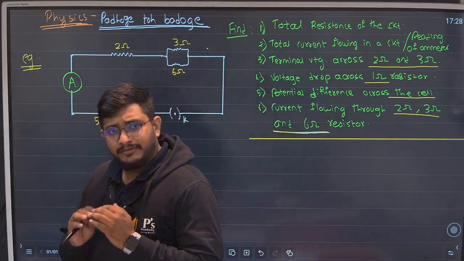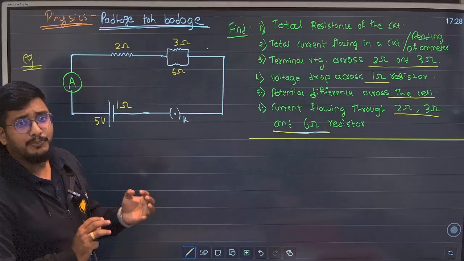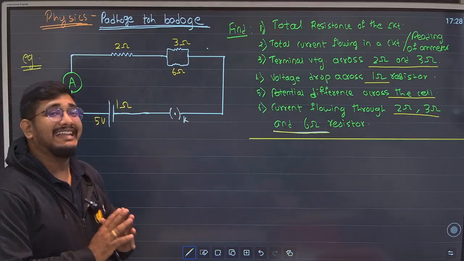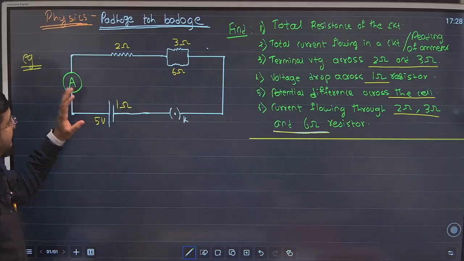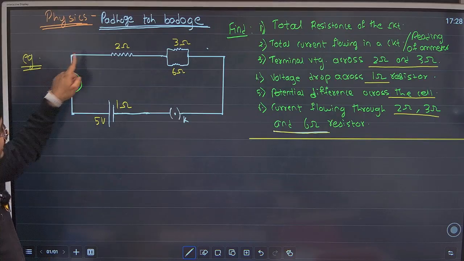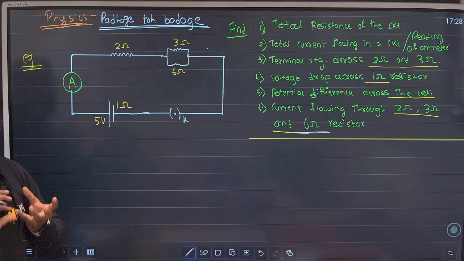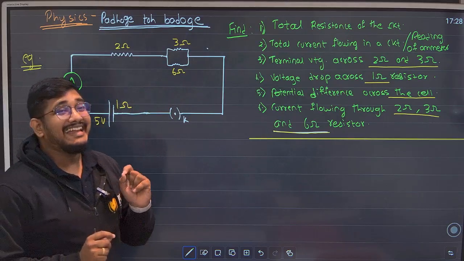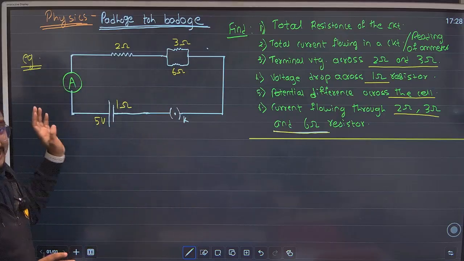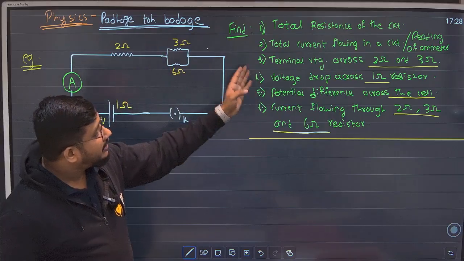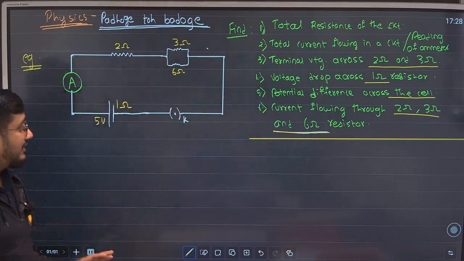Today we are going to tackle the most important numericals from current electricity by solving one circuit question. We are going to solve all the difficult parts of exercise 8b numerical, especially of EMF, terminal voltage, voltage drop and potential difference numericals.